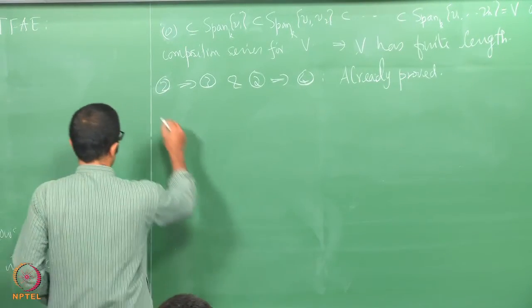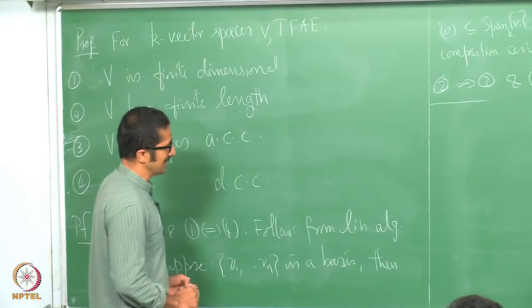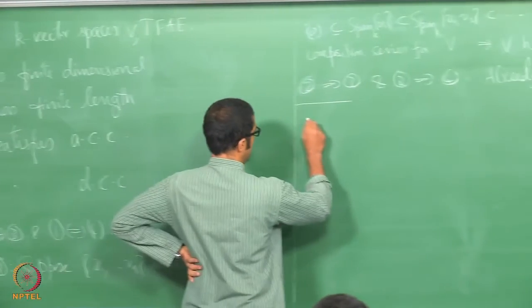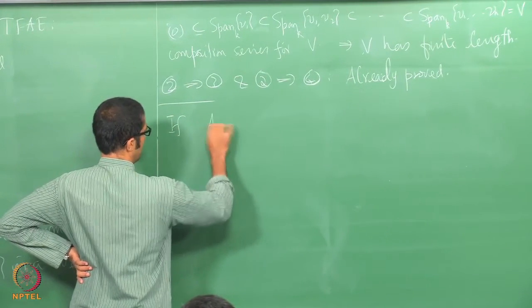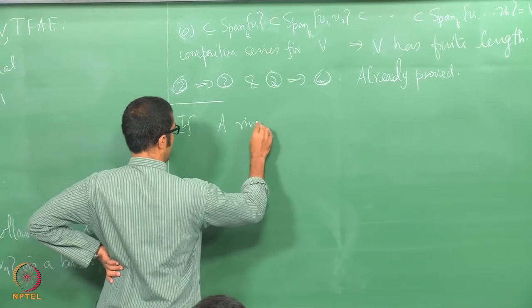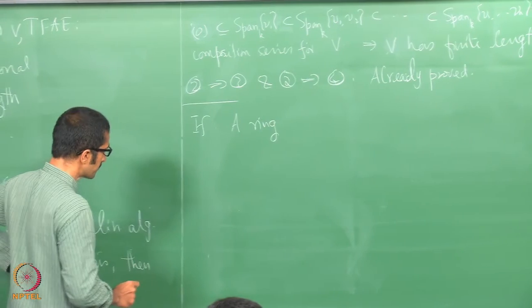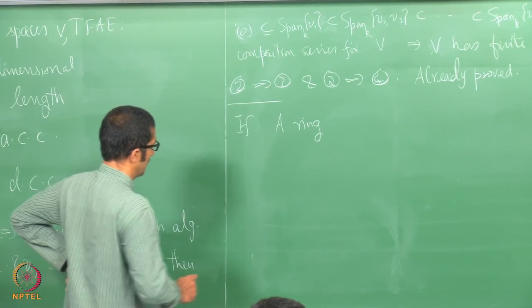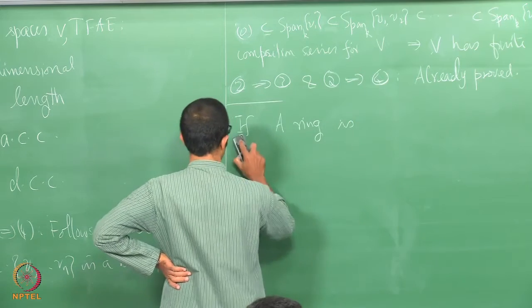So, what we are seeing is that suppose your ring is Noetherian.